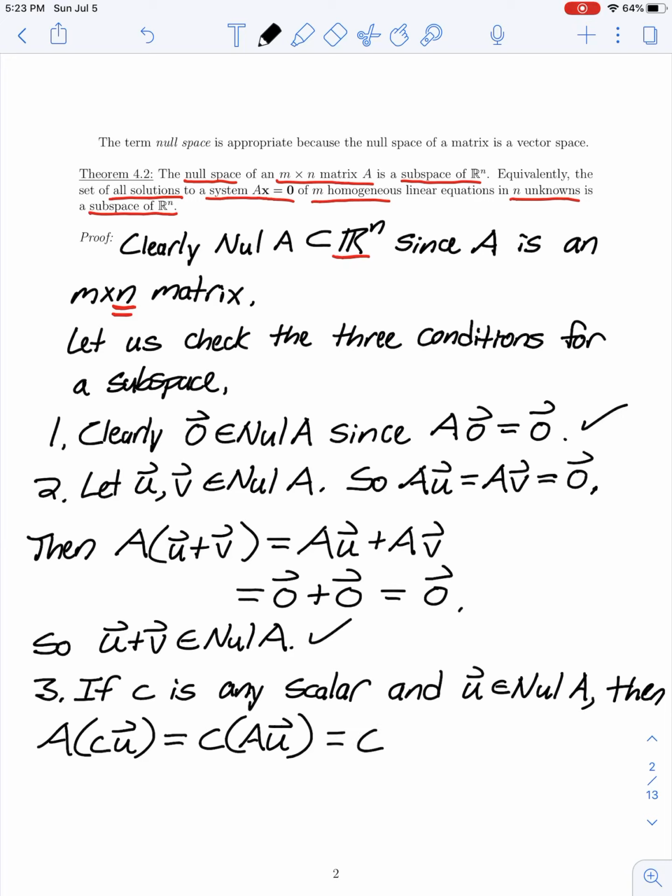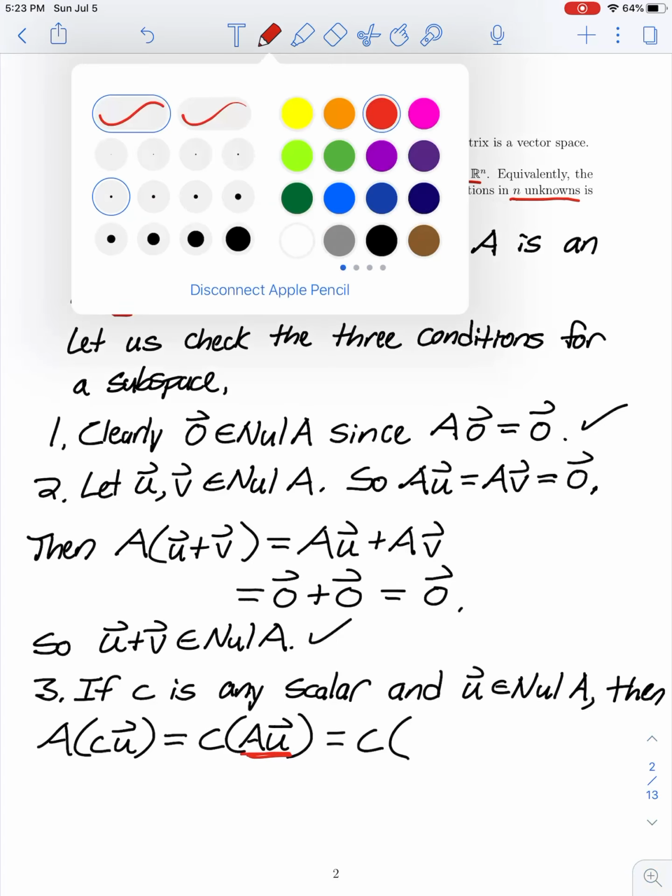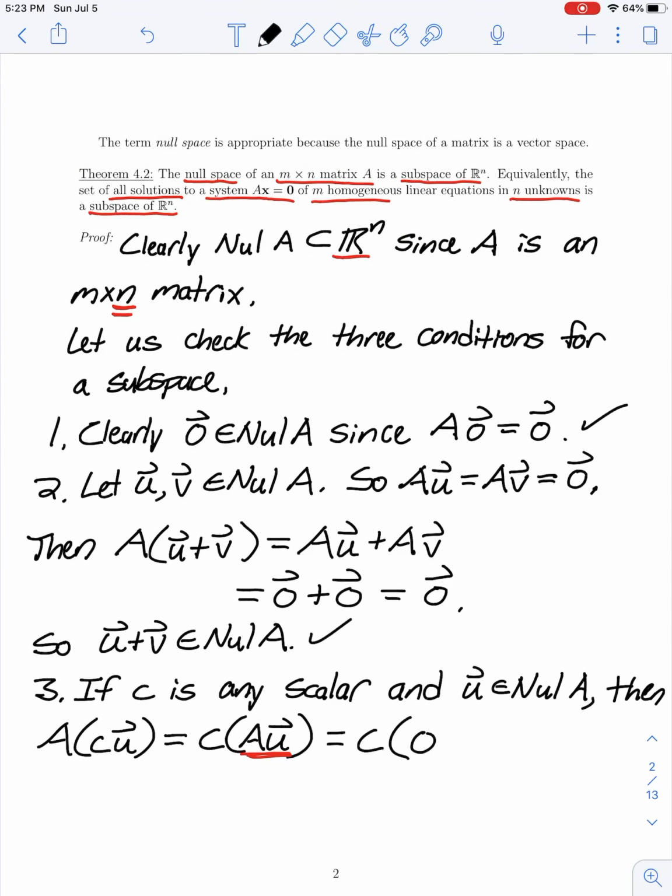So this gives us C times A times U, and since U is in the null space of A, that must be the 0 vector. So we have a constant times the 0 vector, which is the 0 vector, which means that the scalar multiple C times U is in the null space of A.